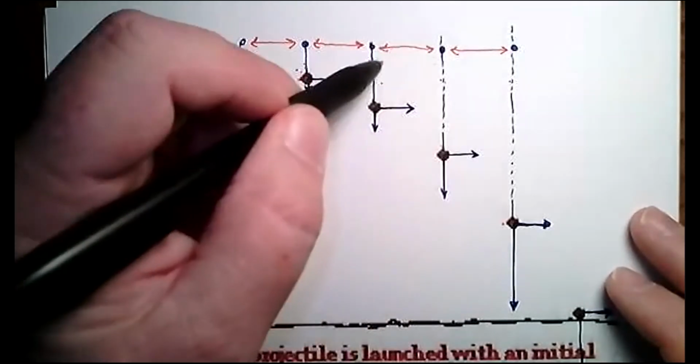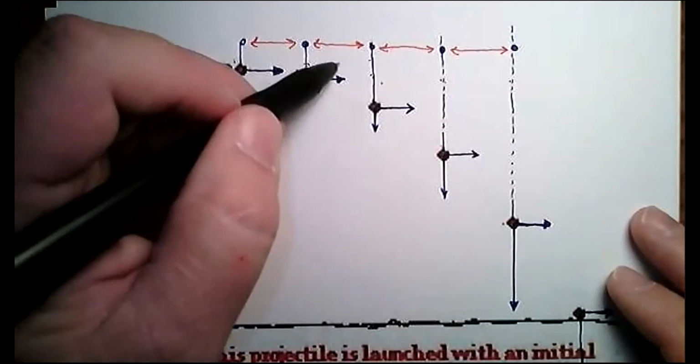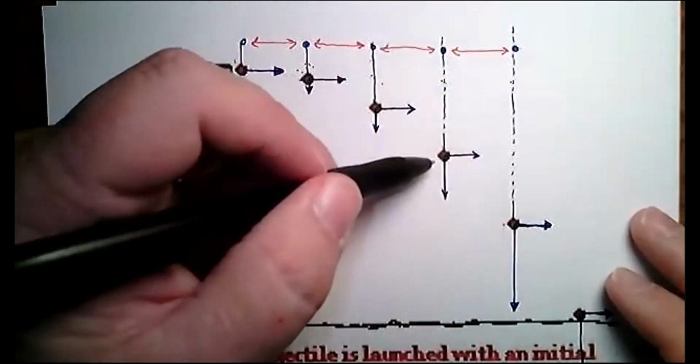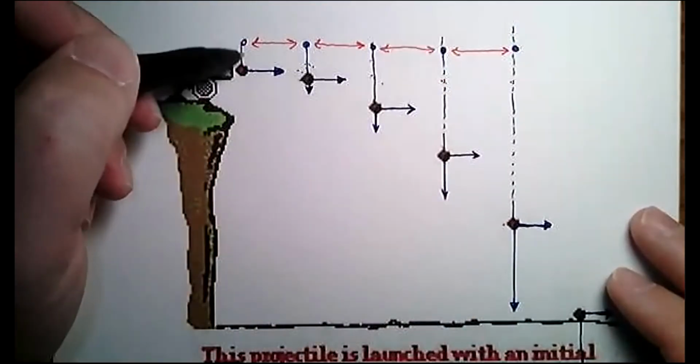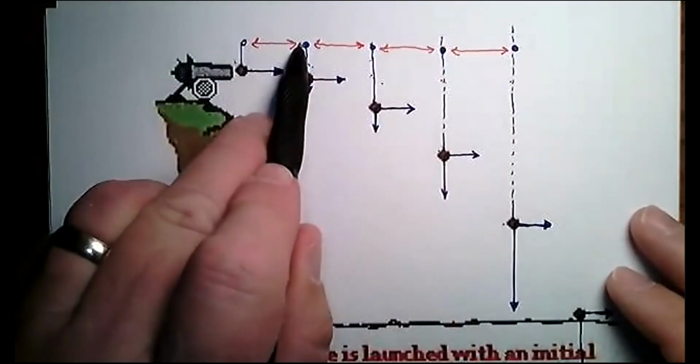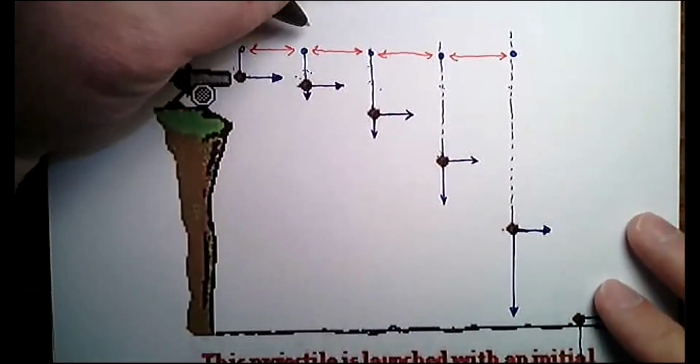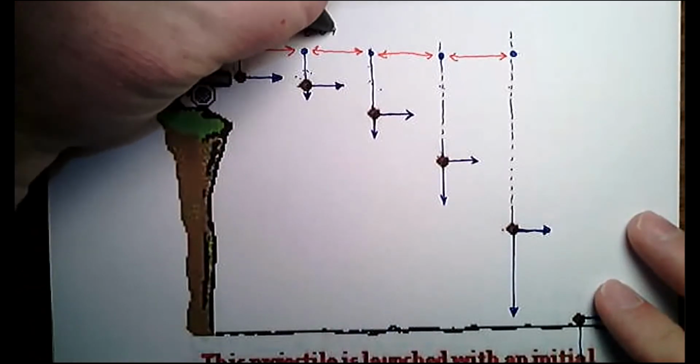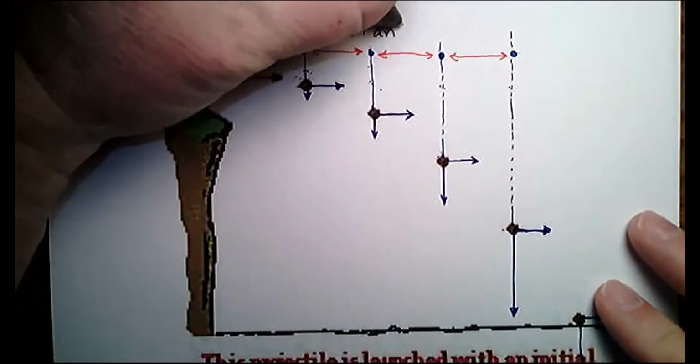But what you notice is that if the amount of time that passes between each one of these snapshots is exactly the same, and they move through the same distance, their velocity must be constant.